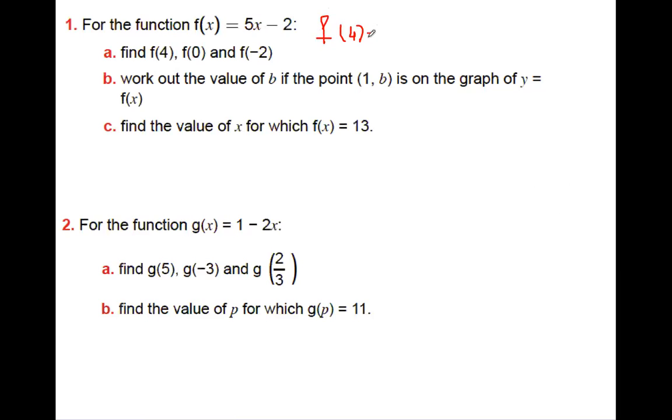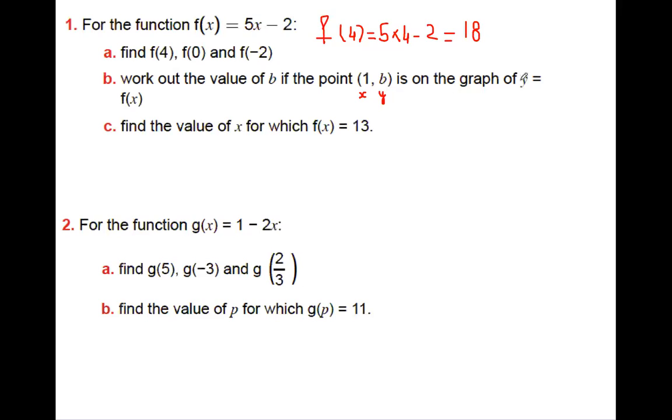So first one, f of 4 equals 5 times 4 take away 2, which is 18. I'll let you do f of 0 and f of -2. Now, if they ask us to work out the value of b if the point (1, b) is on the graph y equals f of x, so this is x, remember, when you've got a coordinate, and this is y.